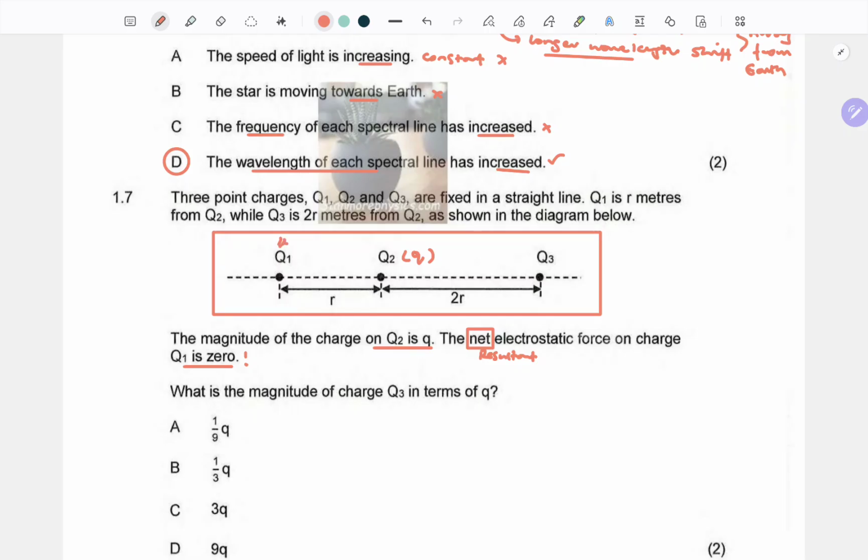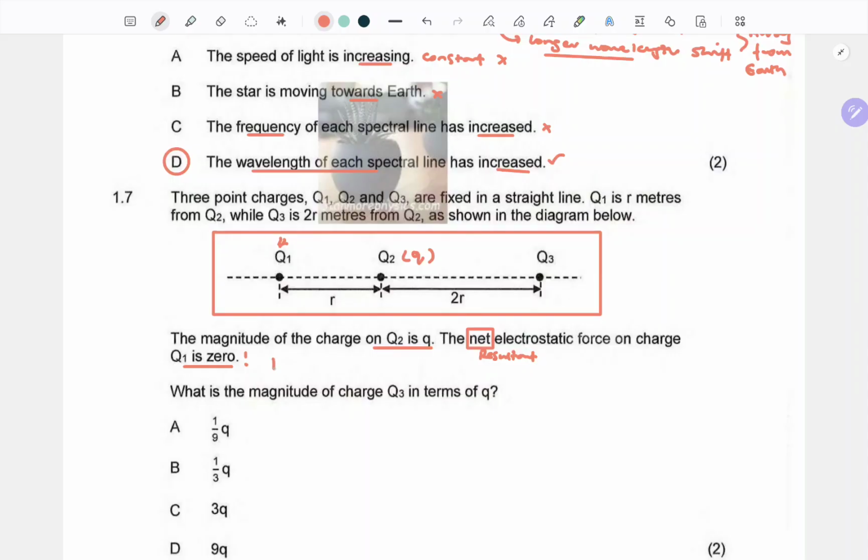Now, once we are told that the resultant electrostatic force on charge Q1, this is our reference charge, is 0, this is trying to tell us that the force due to Q2 on Q1 is oppositely directed to that of Q3 on Q1, but equal in magnitude.